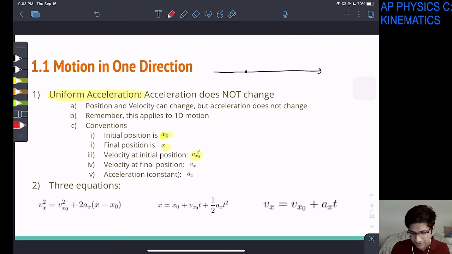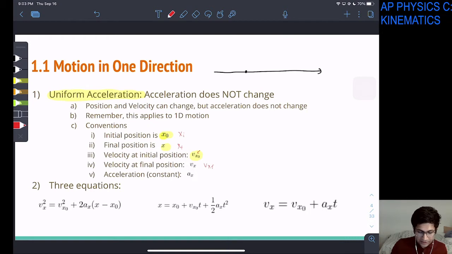In different classes, your teacher might say xi instead of x naught, and xf instead of x for the final. But you get the idea: x0 and xi are the same. The velocity at the final position is vx, or it could be vxf, and the acceleration, which is constant, is going to be a sub x.